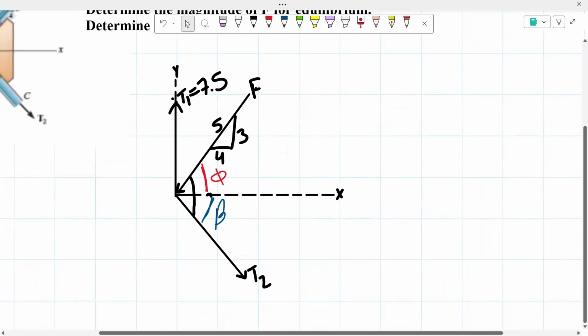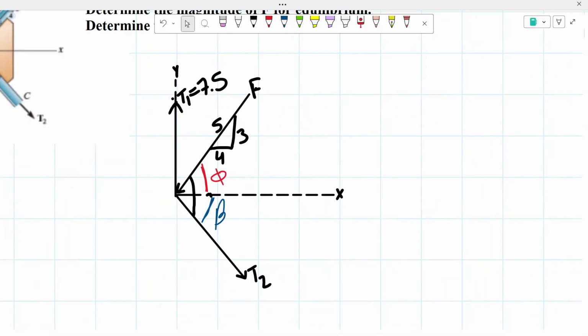So to find phi and beta, we know that the sum of both of them has to equal 90 degrees. And if we take a look at the force F right here, we know that this is a 3, 4, 5 triangle. So if we were to draw it into a bigger triangle like this, and then complete it off with the x-axis right here, we know that this side is 3, this side is 4, and this side is 5, right?